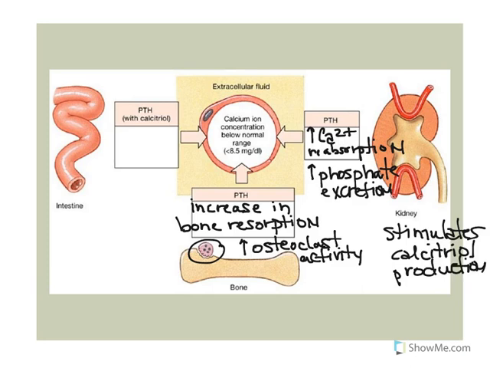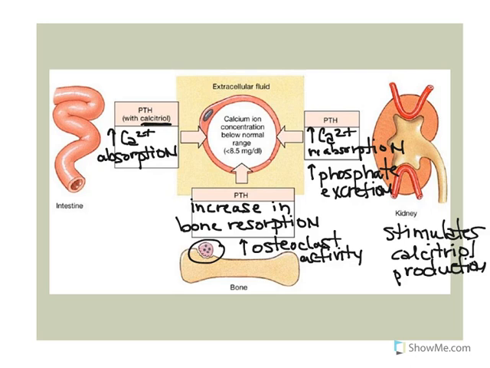And this is specifically calcitriol that does it: it increases calcium absorption. So if you've eaten something that has some calcium in it, we want to stimulate its absorption. And so that's going to be mediated through calcitriol. More calcitriol is around because parathyroid hormone stimulated its production.